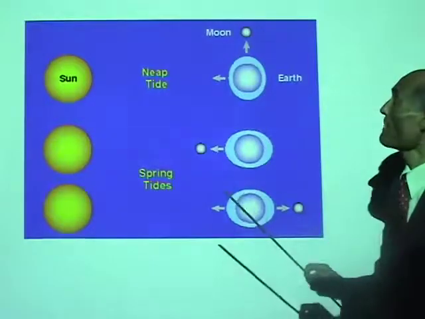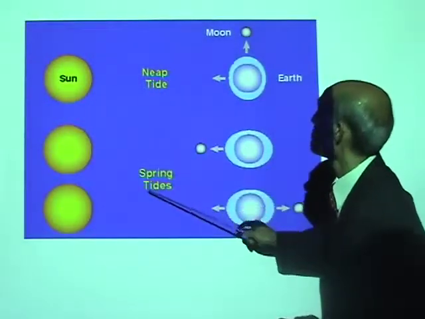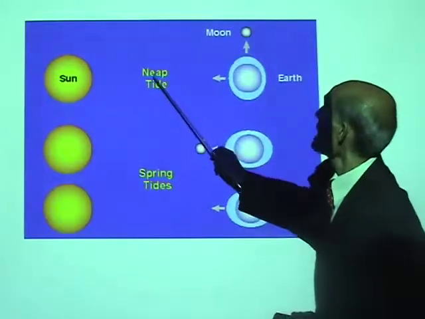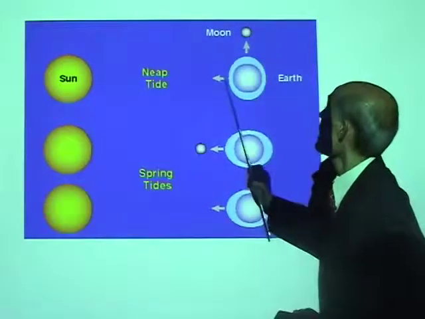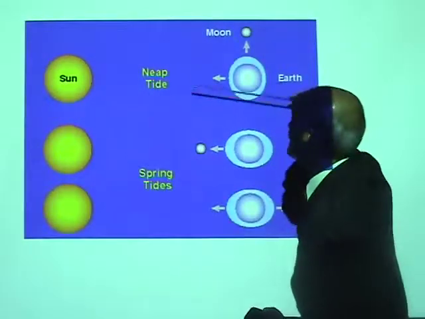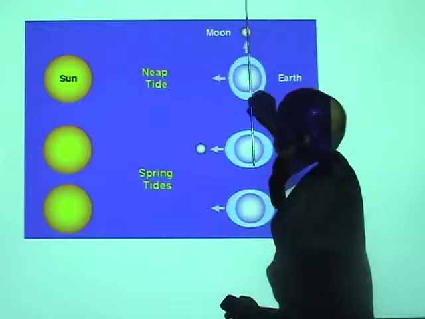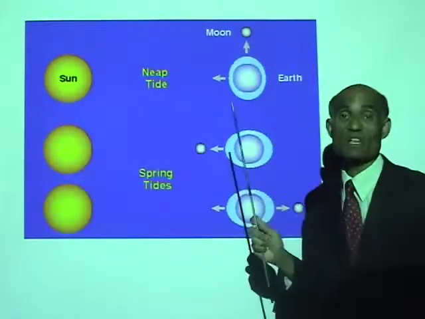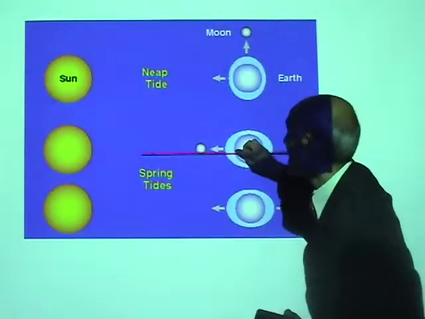You know that. And also look at the difference between neap tide and spring tide. Neap tide occurs when the sun and the moon are at 90 degrees. The sun pulls the earth that way, the moon pulls it this way. And so the bulges are not as pronounced as they are here.